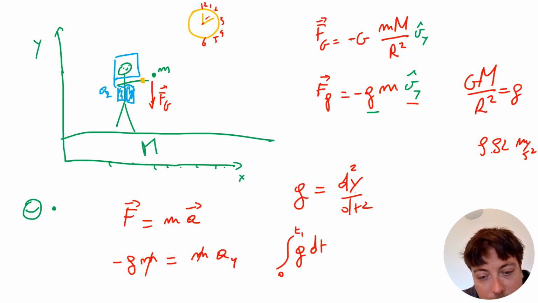Let's see if I can get it right. So let's integrate once. We've got v_y, integrated in t.